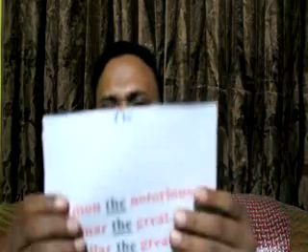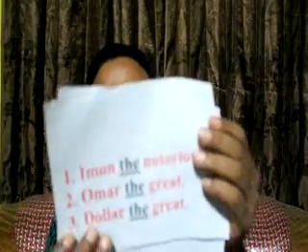Next we will learn that if the proper noun is placed before any kind of adjective, then the definite article must be used between them. Look at some examples. Here we can see Imon the notorious, Omar the great, and Dollar the great.